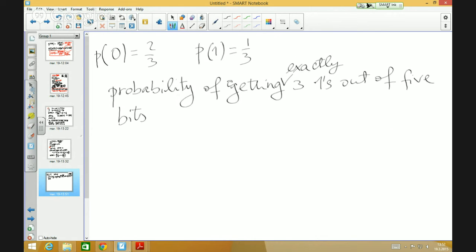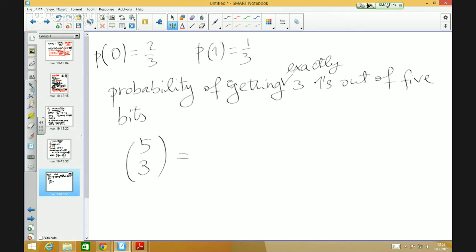Or something that you should know, or something that you used to know. That's even better. Thank you. Does it smell like the binomial coefficient? 5 choose 3. Choose 3 possible places where to put the ones out of 5.